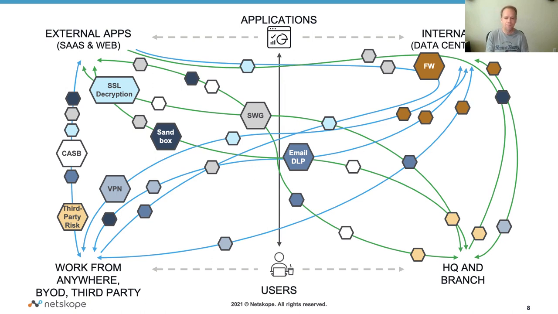Deploy a secure web gateway to protect organizations and protect employees as they're accessing web resources. Deploy a cloud access security broker to govern access to cloud applications. A variety of these different products. The problem is they're disconnected, there's multiple consoles, and they're also ineffective to the way people work today.